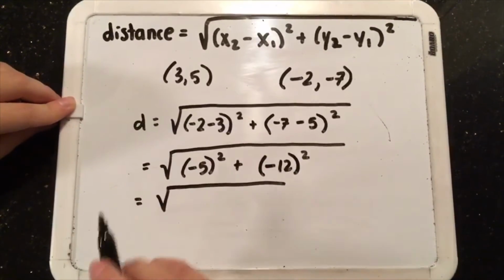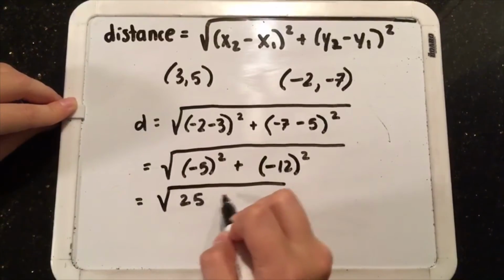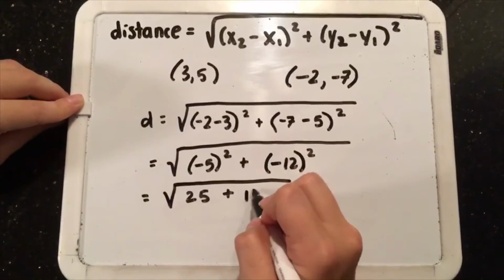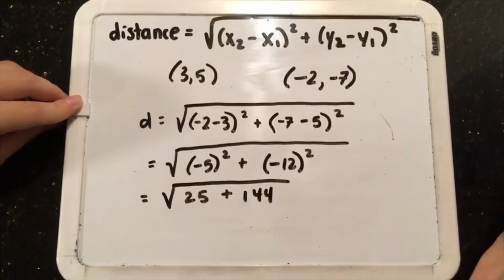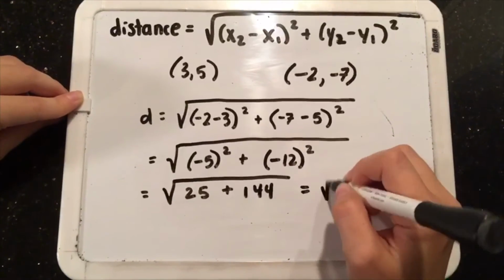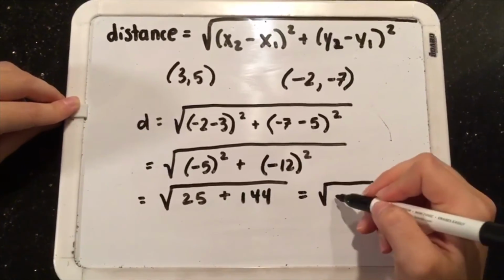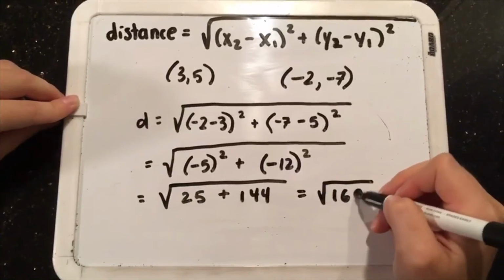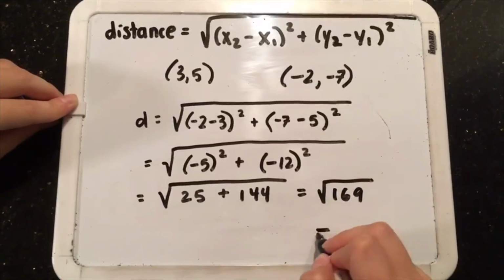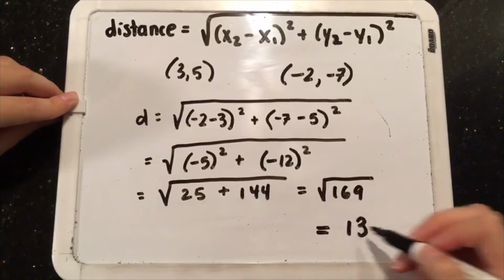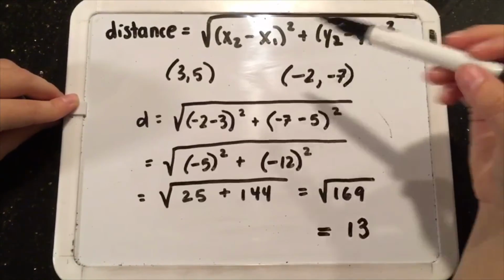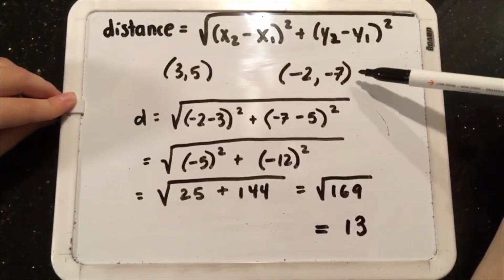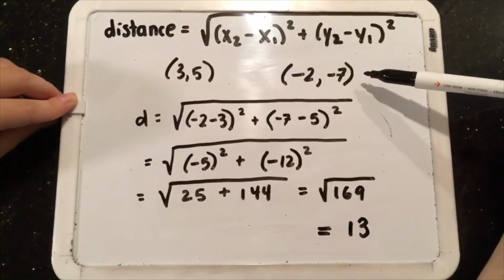So we're taking the square root of 25 plus 144. That's going to be, if you sum those numbers together, the square root of 169. And that's going to give us 13, which is the distance between 3, 5 and -2, -7.